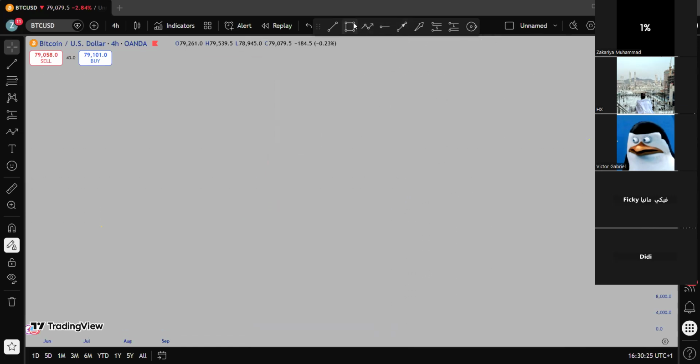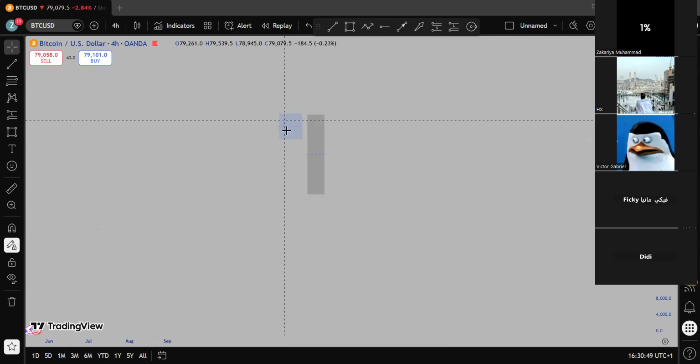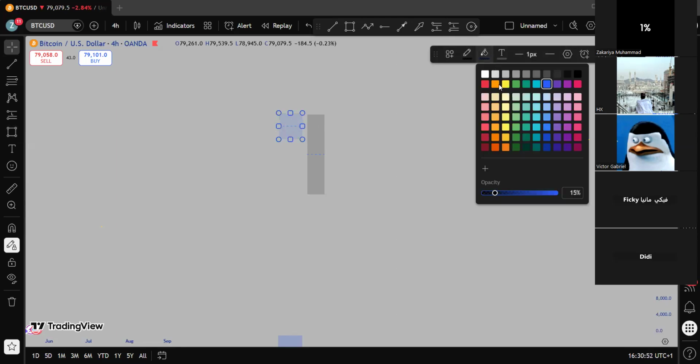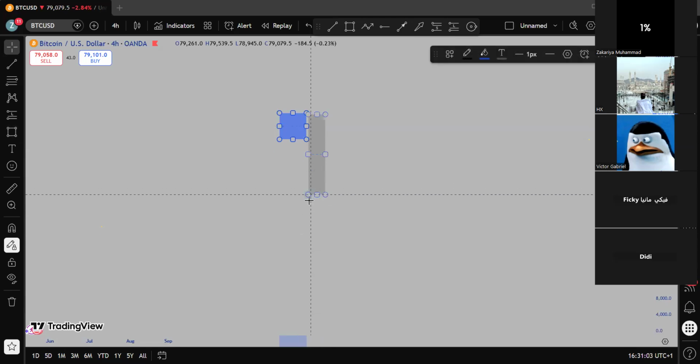Now we talk about a bearish order block. For a bearish order block, you want to see a bullish candle, then a bearish candle engulfing it.